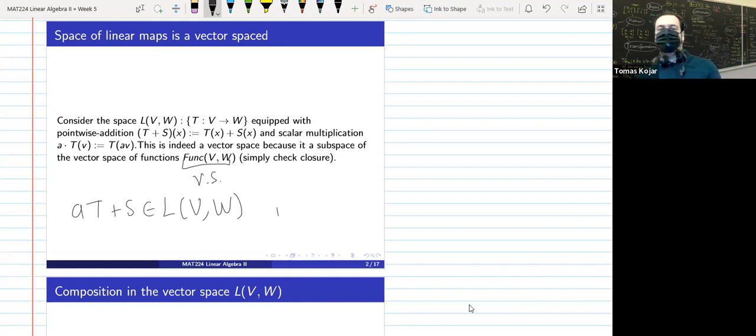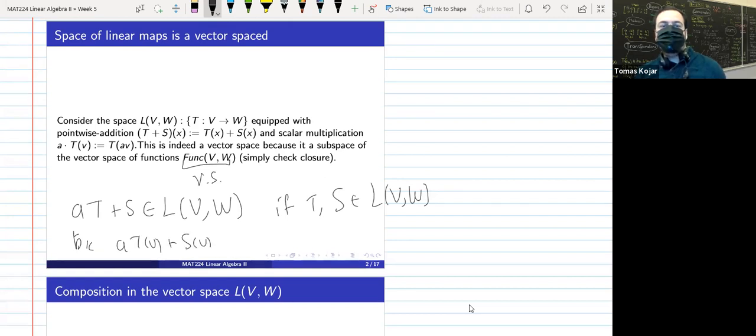I think that's clear. If T and S are in L(V, W), you just do it pointwise, because aT(v) plus S(v) is in W for all v in V, because W is a vector space.